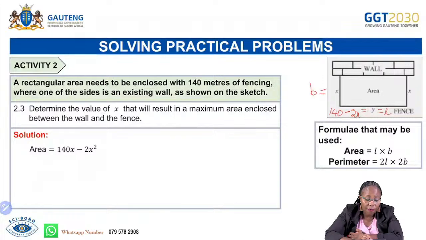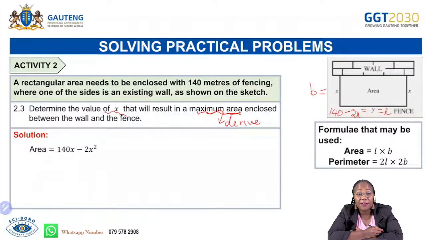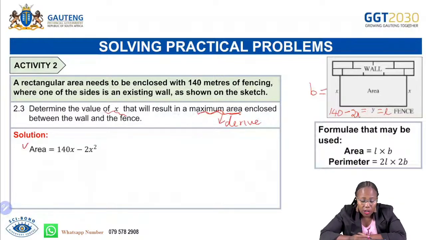What does this statement mean? Maximum area is telling you to differentiate the area in terms of x and solve for x. That is the method throughout grade 12. And then that means we are going to take our area equal to 140x minus 2x squared from the previous question.